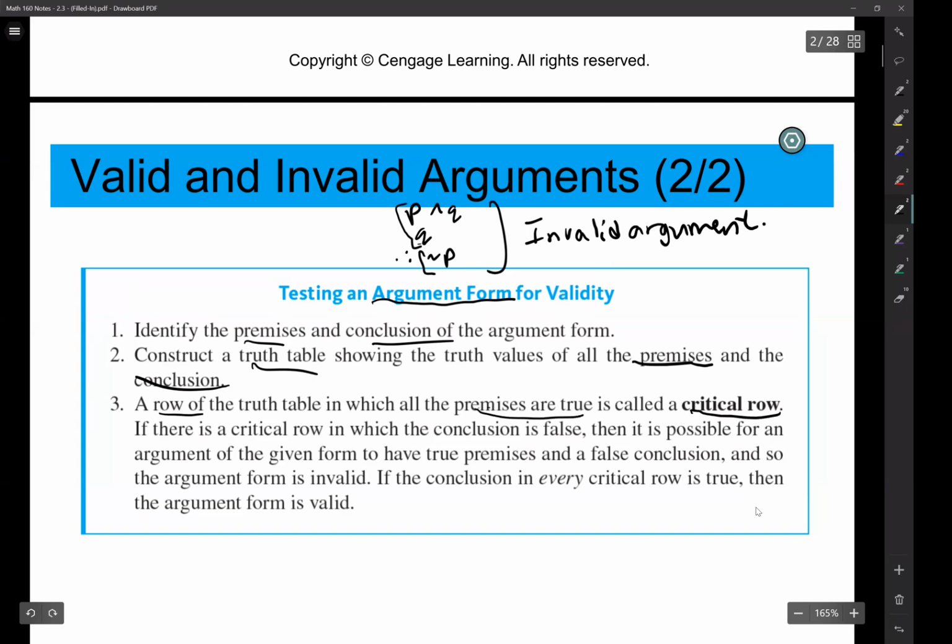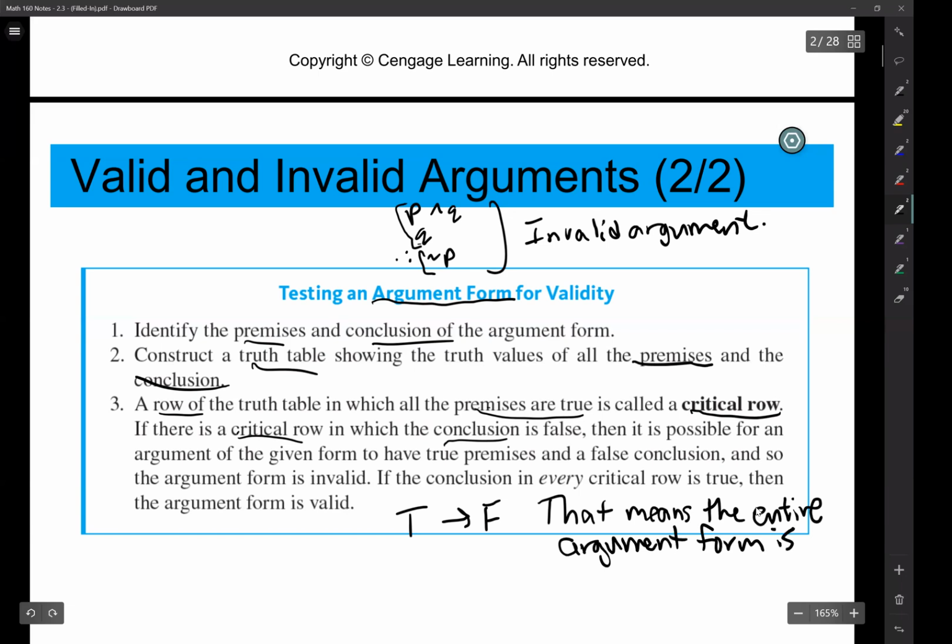So what we're going to do is we're going to take a look at where all the premises are true. And if there is a critical row in which the conclusion is false, that's going to tell us that the entire argument form is invalid.